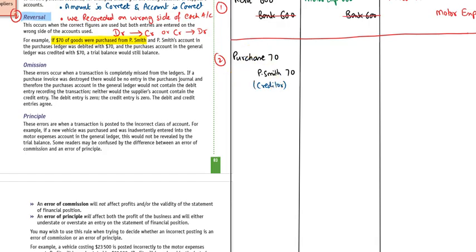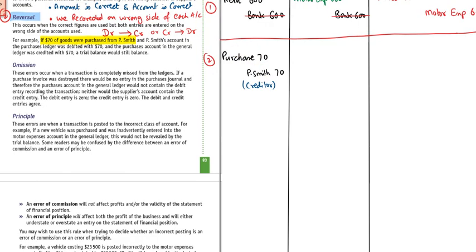We should have passed this entry. But what wrong did we do? The P Smith account in the purchase ledger was debited by 70. But actually purchase should be debit, and P Smith should be the credit.